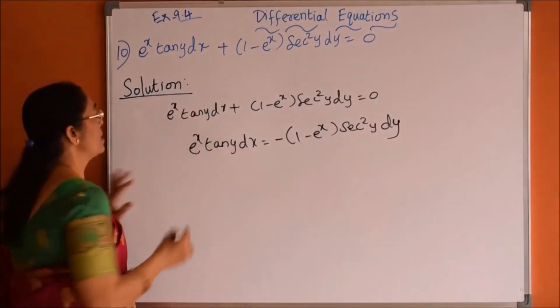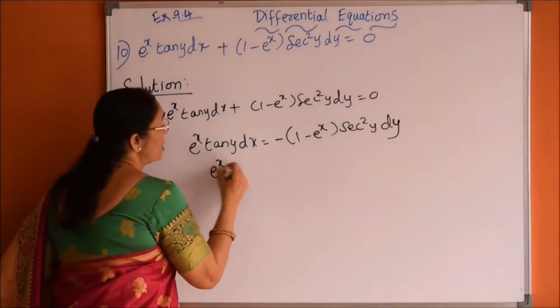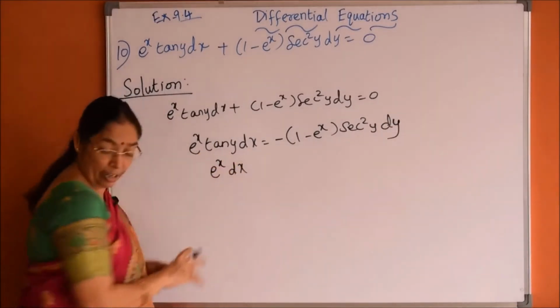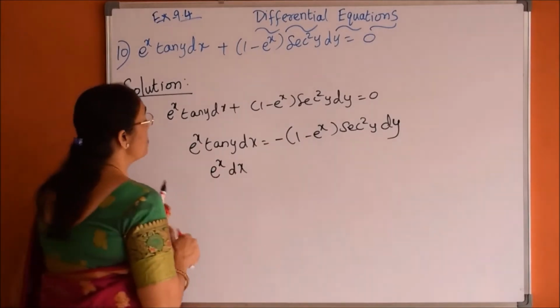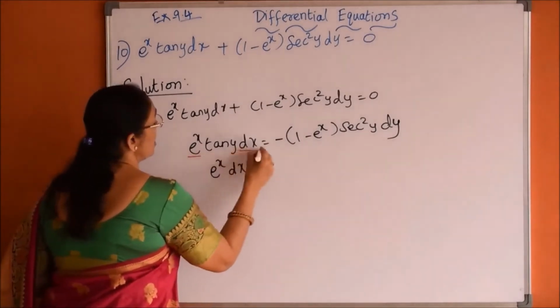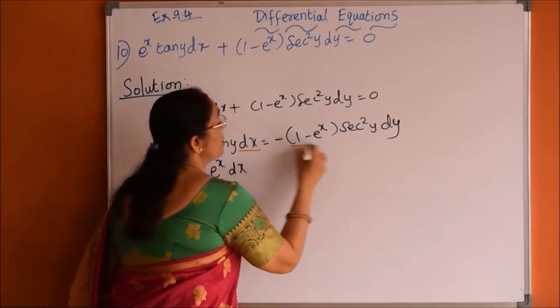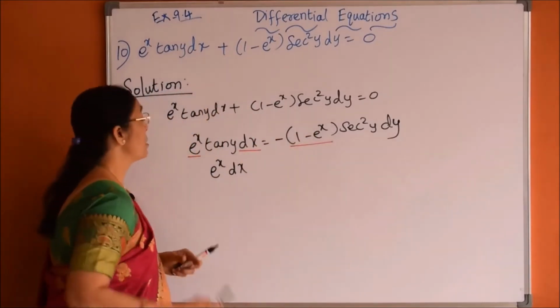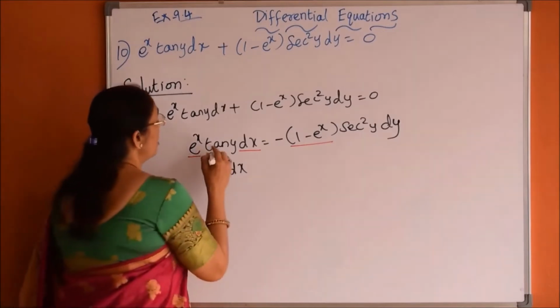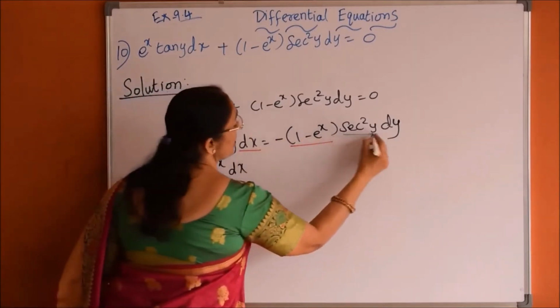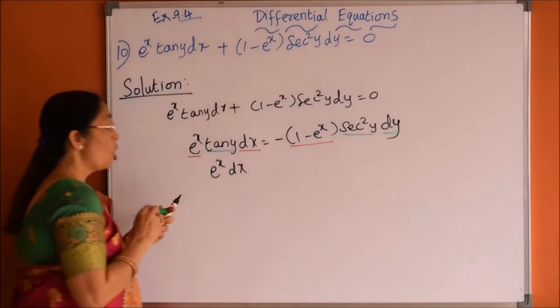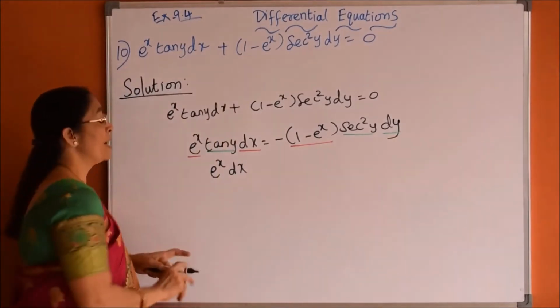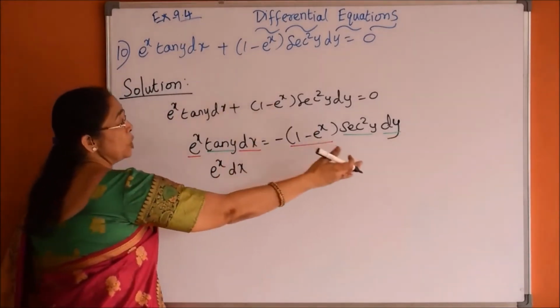Here dx is there, so I will keep e power x dx on the left hand side. Just see the x terms here, e power x dx, and on this side 1 minus e power x. Now coming to the y terms, we have tan y and on this side secant square y dy. So all the x terms I am going to bring to the left hand side and the y terms to the right hand side.